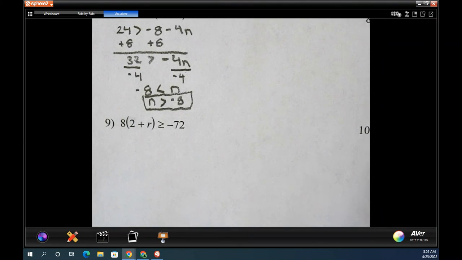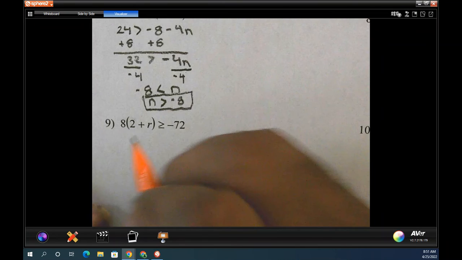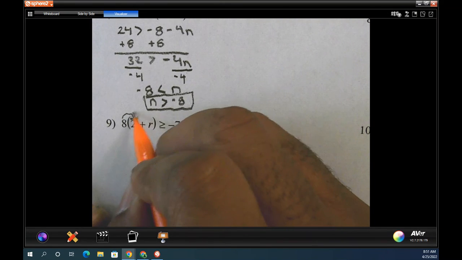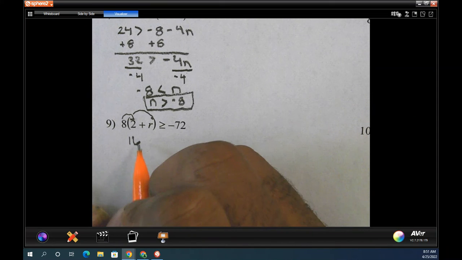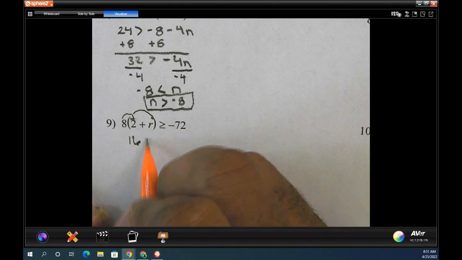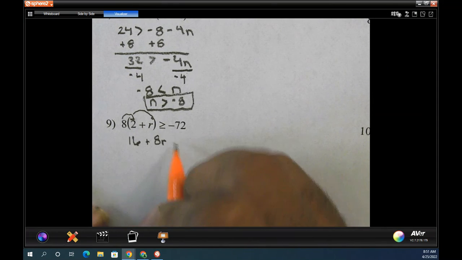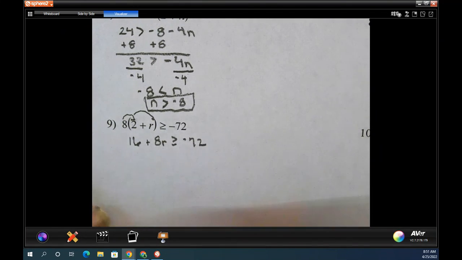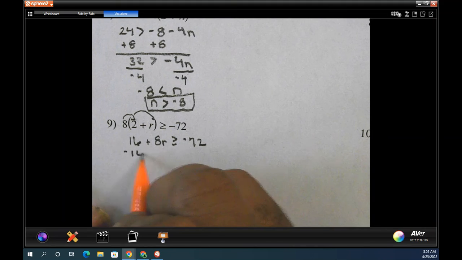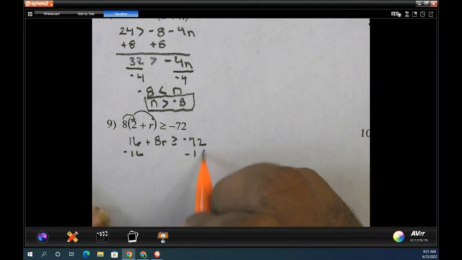Okay. Look at number 9. Distribute. 8 times 2 is 16. 8 times r is just 8r, and it's still positive. 8r plus 16 is greater than or equal to negative 72. Subtract 16 from both sides.